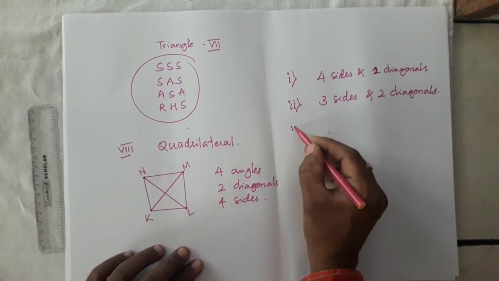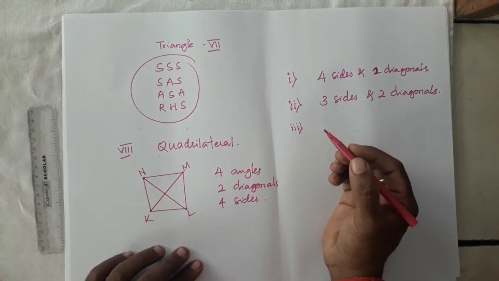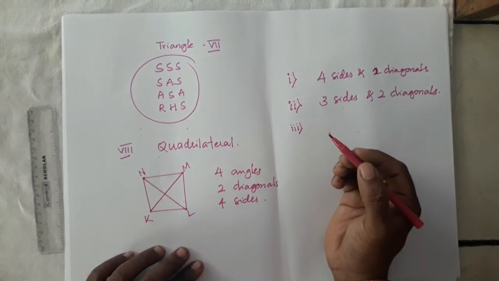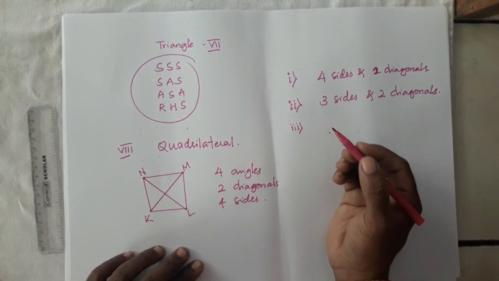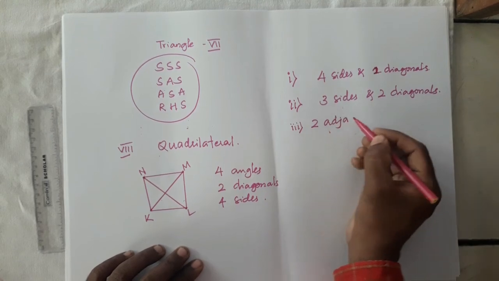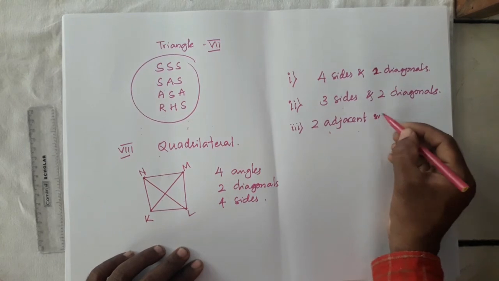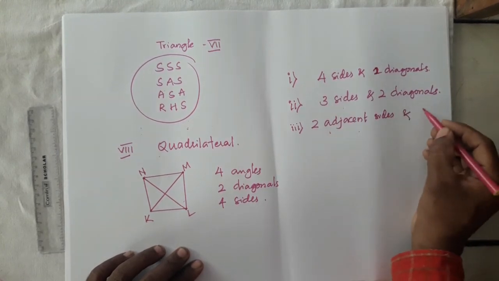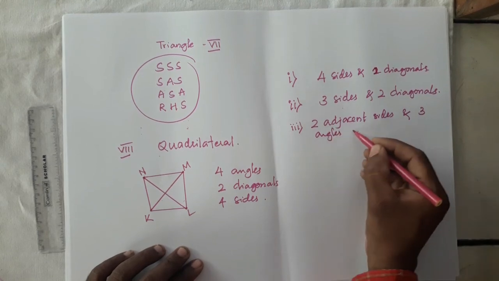The third type of construction is when 2 adjacent sides and 3 angles are known.